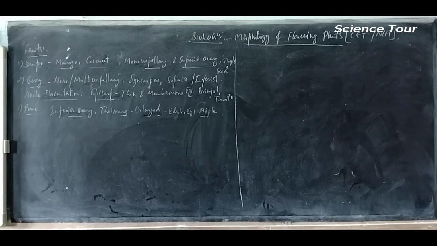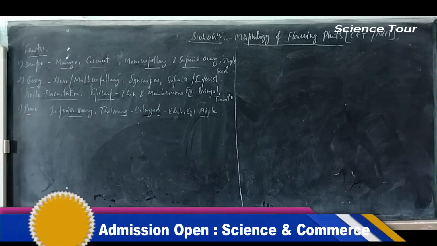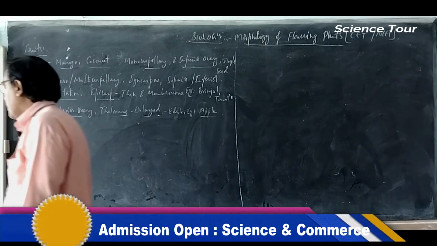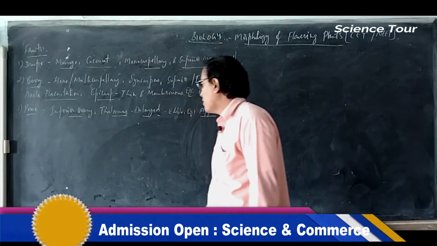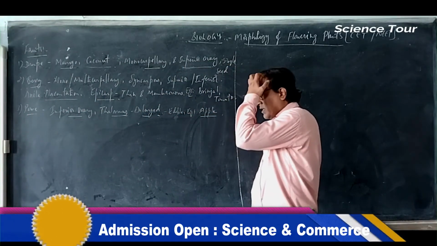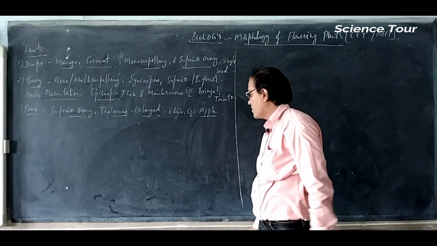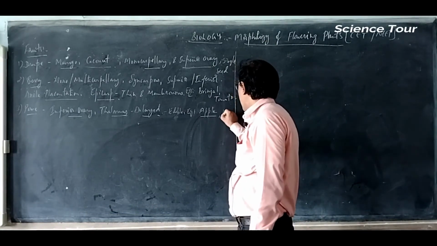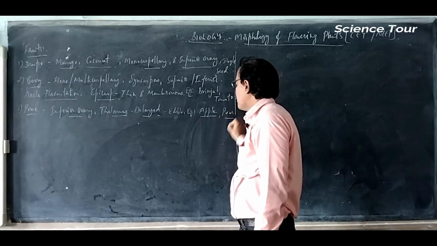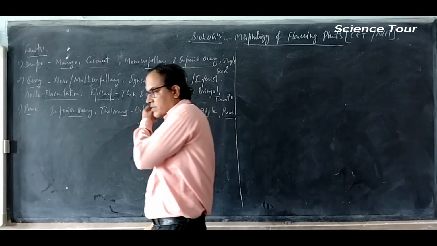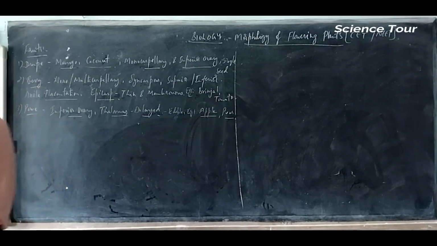It is a false fruit, because the edible part is not the ovary here, it is the thalamus. Also apart from apple you can give the example of pear.